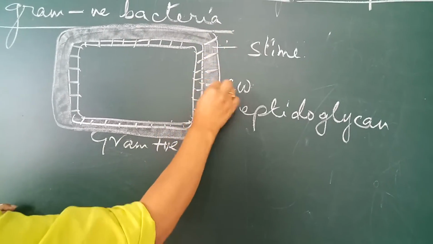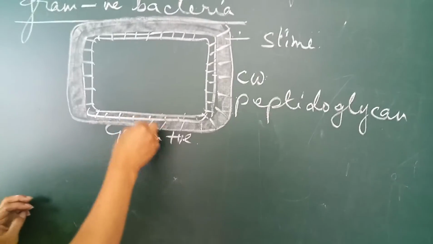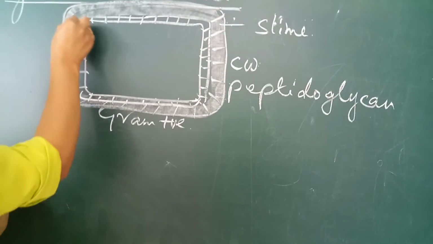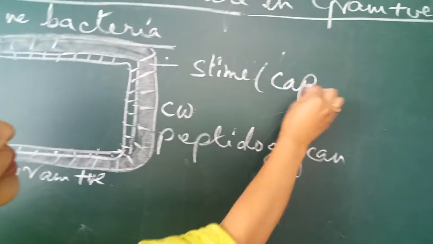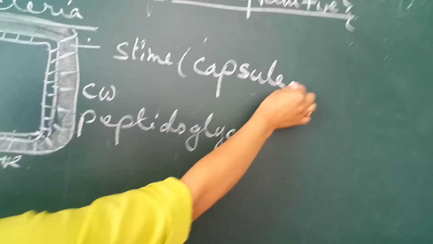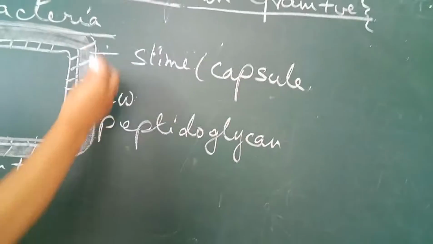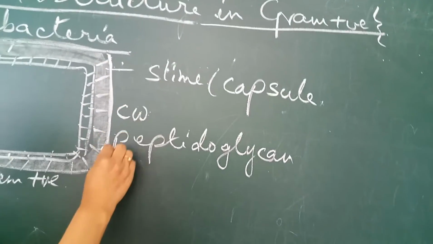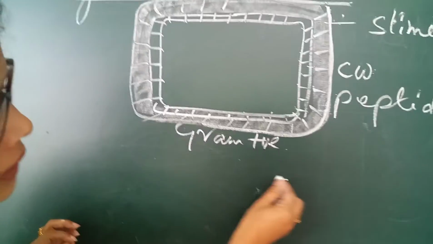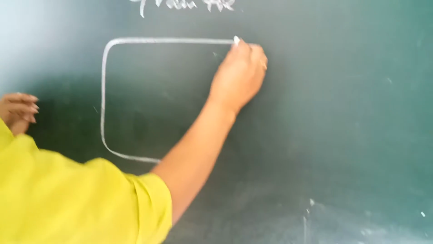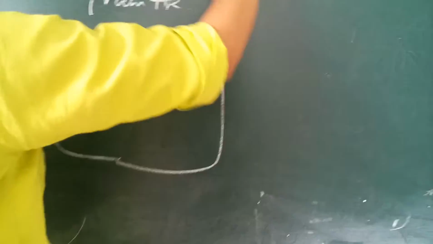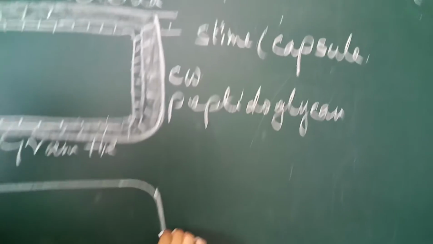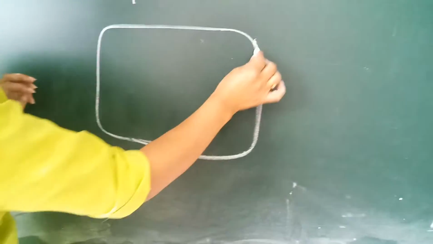In some cases this slime is rigid, and then you call it the capsule. Because this capsule is rigid, the bacteria appear like this.